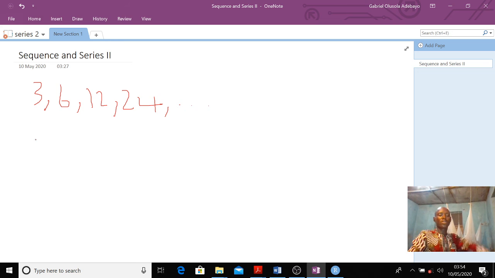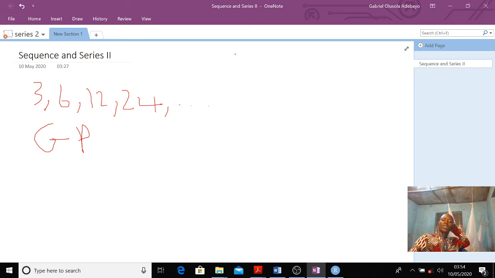When you have this sequence, the first thing you have to know is, is this AP or GP? So this is GP. Why is it GP? Because it involves division or multiplication.